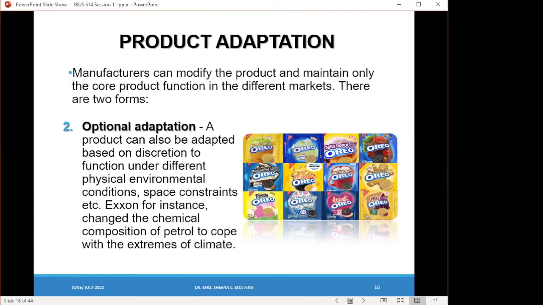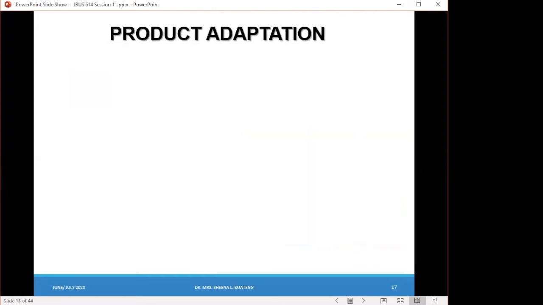So these are all examples of optional adaptation that a firm can implement to be able to stand out among the crowd and perhaps serve their customer base better than their competition. And these are the two main types of adaptation we can talk about when it comes to products. Now let's look at some practical examples of these adaptations.